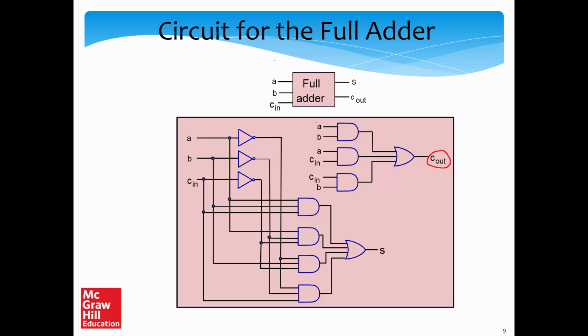So this is A and B. This is A and carry in, and this is B and carry in. So what we do is that we have three AND gates and we have an OR gate whose output is carry out.